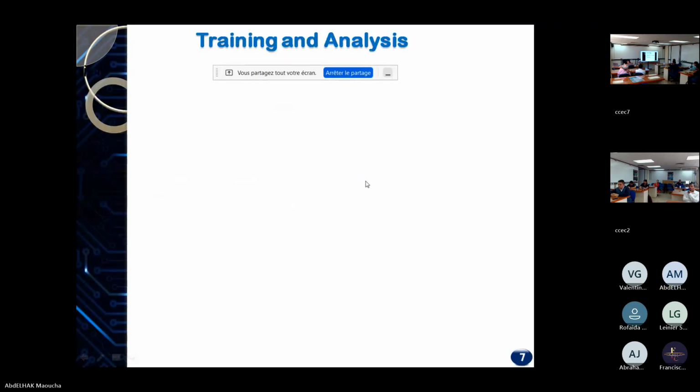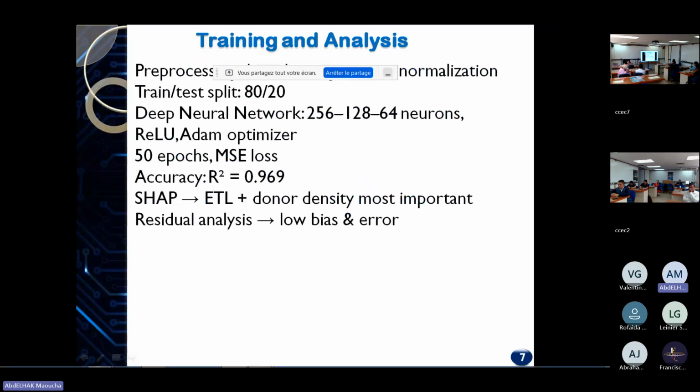We then applied deep learning to analyze the dataset. After preprocessing and normalization, we trained a deep neural network with 3 hidden layers. The model accuracy, with an R-squared of 0.969.